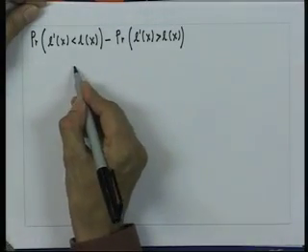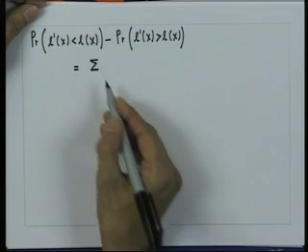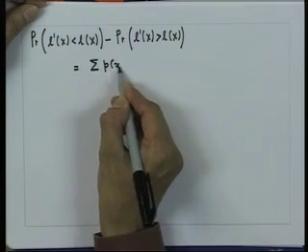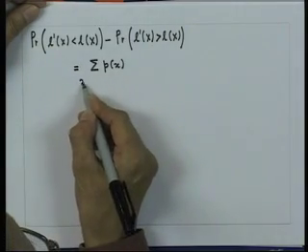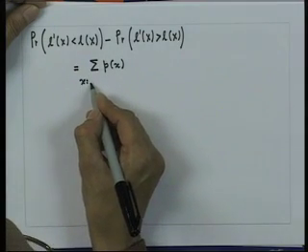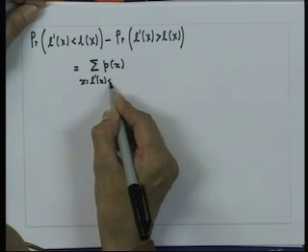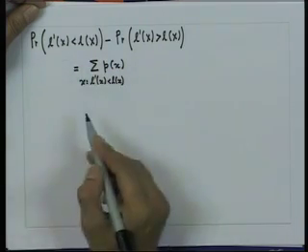This I can write as the probability of x, where I consider only those x for which L'(x) is less than L(x), the probability of the random variable.